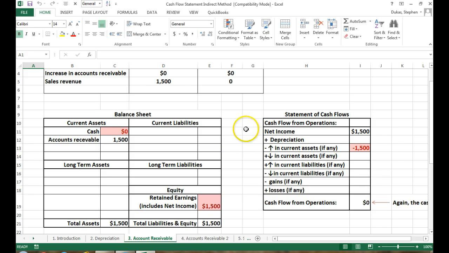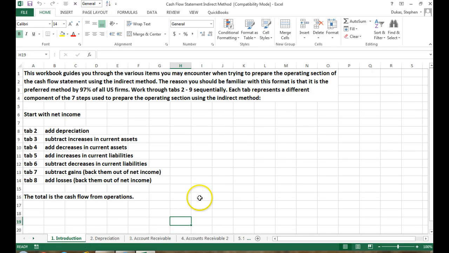On the cash flow statement, we have net income of 1,500. We subtract the increase in the current asset, in this case accounts receivable, and we get 0 once again, which is the true cash flow from operations. So the second rule is to subtract all increases in current assets, whatever they may be.